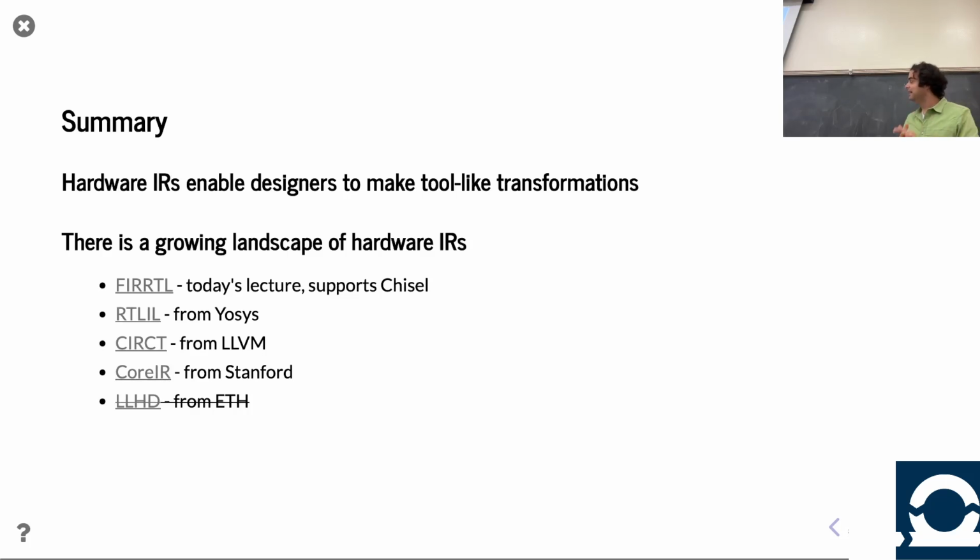However, the original link no longer works. I checked that last night, and it's now not redirecting correctly. So the link, shown in strikethrough, is now to the paper itself rather than the code. I guess that's a sign that this code is perhaps not being maintained. But you still see a lot of IRs out there. And especially between RTLIL and CIRCT, those are getting a lot of current traction.